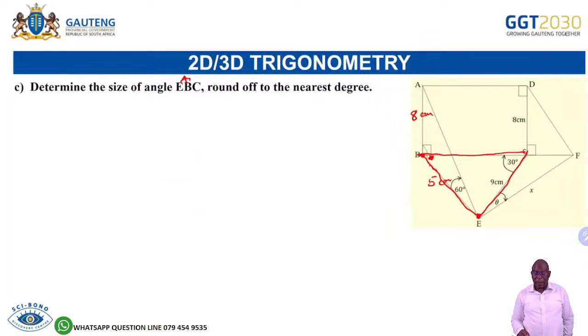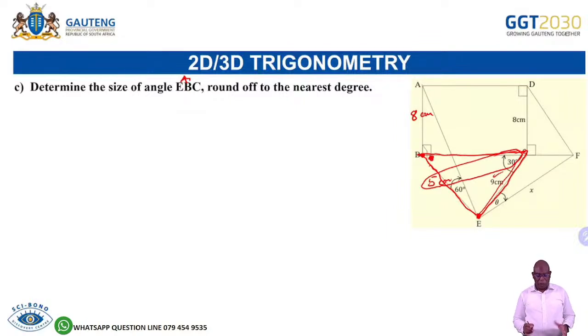I'm highlighting that triangle here because I'm going to work in that triangle. How am I going to get angle EBC? Now I've got a known couple here. You can see the known couple is this 30 degrees and 5 centimeters. Here is the angle that I'm looking for. This side is 9, so I'm sorted.